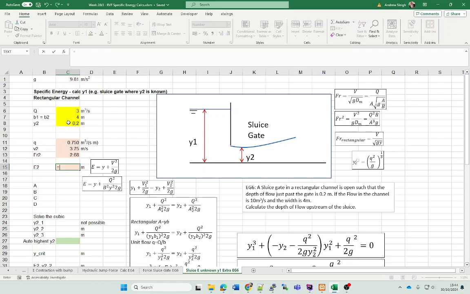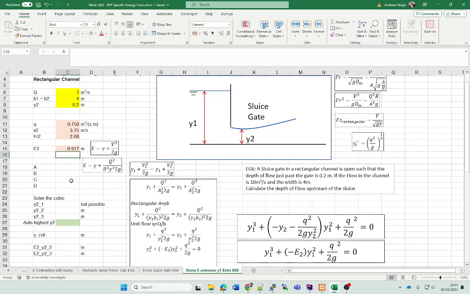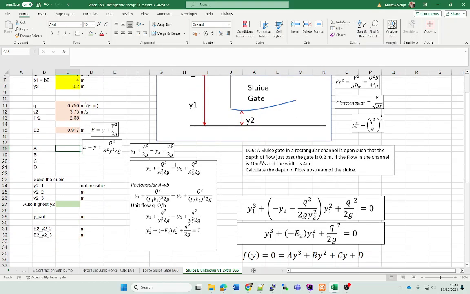Energy at 2 is just the depth plus V squared divided by 2g, 0.917. I've done my algebra previously.